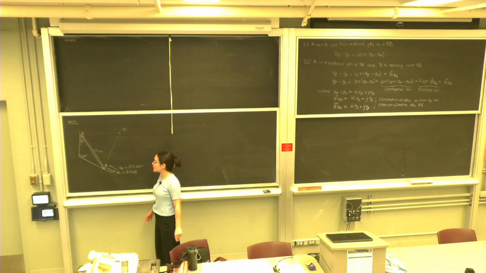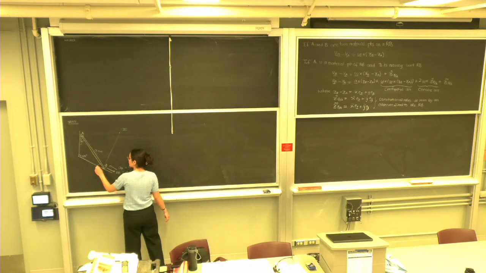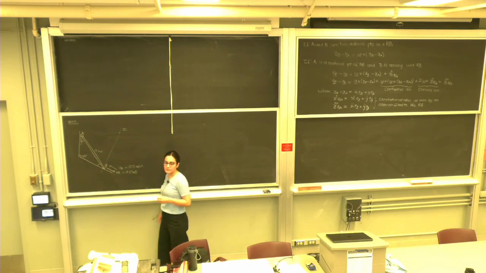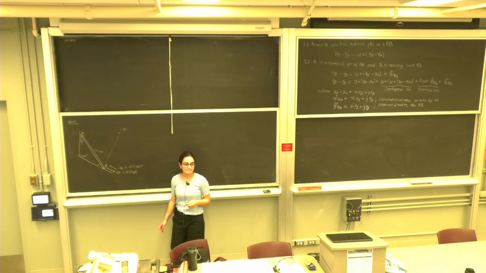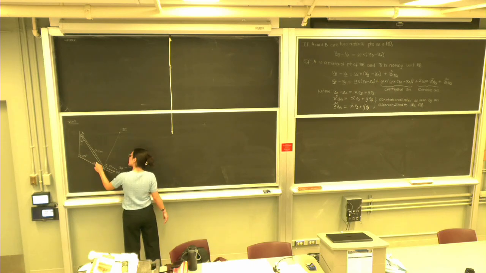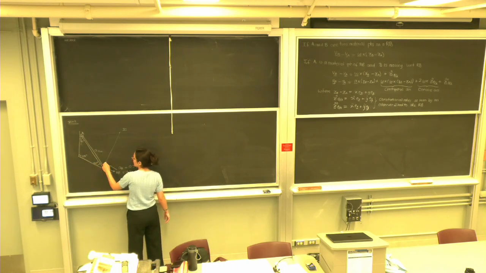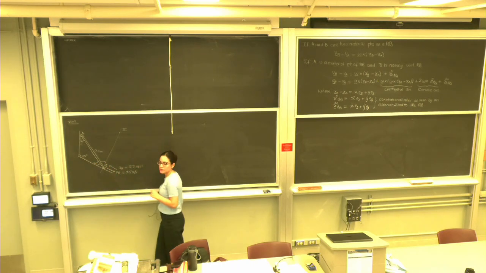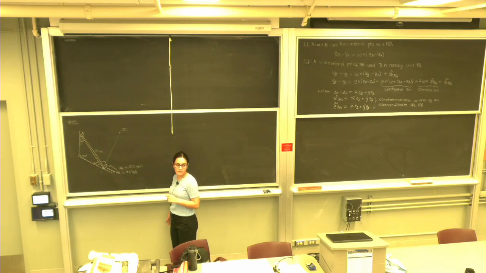We're going to need to find some angles. What's this angle? 45, right? Because 105 plus 30 is 135, minus 180 is 45. That's 45. What about this one? 45.